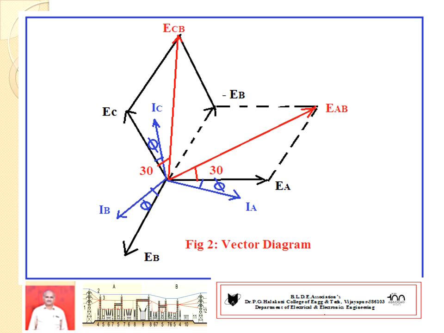We are going to get ECB, another line voltage. So now, with respect to current IC, EC is the phase voltage, IC lags by an angle phi. Now you can observe the angle between ECB and IC is 30 minus phi.